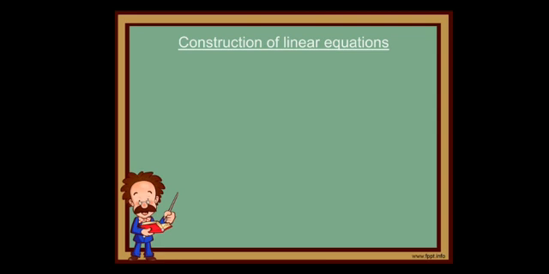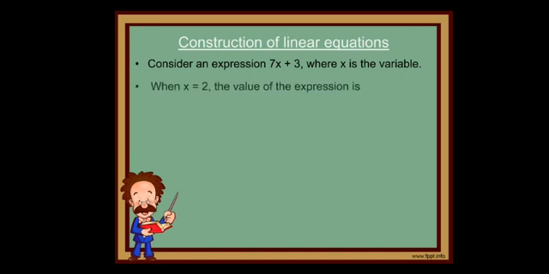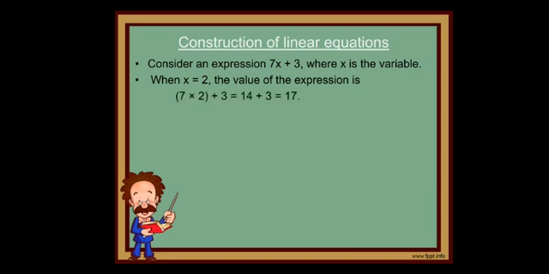Consider an algebraic expression 7x plus 3. In this expression there is a variable x. 7x plus 3 is an algebraic expression where x is the variable. When you substitute x is equal to 2, the value of the expression is 7 into 2 plus 3. 7 2s are 14, 14 plus 3 is 17.